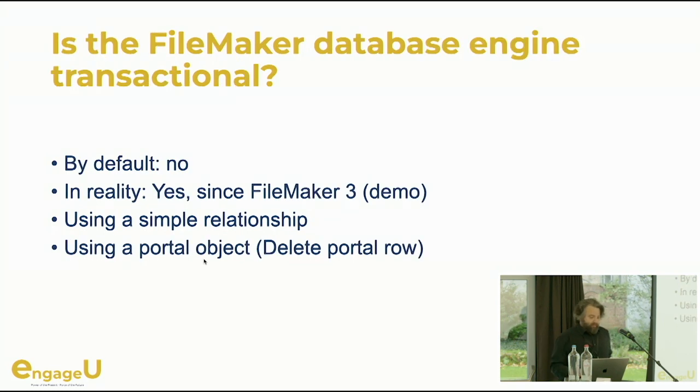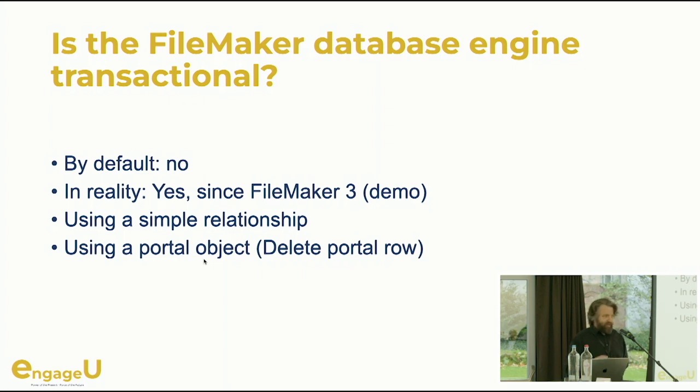So, is the FileMaker database engine transactional? By default, I'd say no. If you are modifying multiple records, between each record you have a transaction, right? Which is a single record transaction. That's not what we call transactional database. In reality, yes, FileMaker is transactional, and I will show it to you. It's transactional when we work through relationships, right?